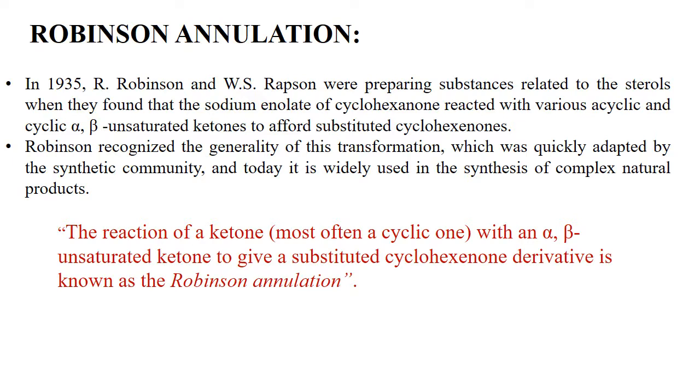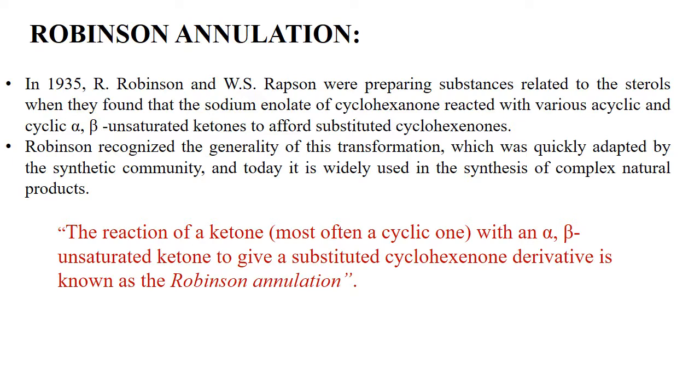Which center of the alpha beta unsaturated ketone acts as the electrophilic center? Remember, that is the beta carbon. The beta sp2 hybridized carbon of the alpha beta unsaturated ketone acts as the electrophilic center.